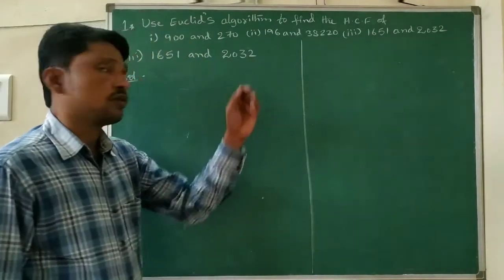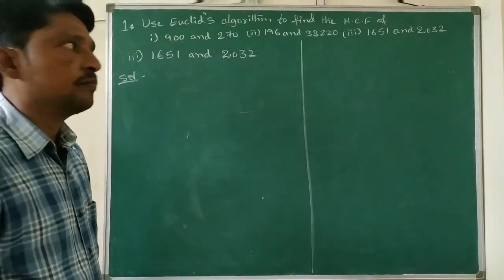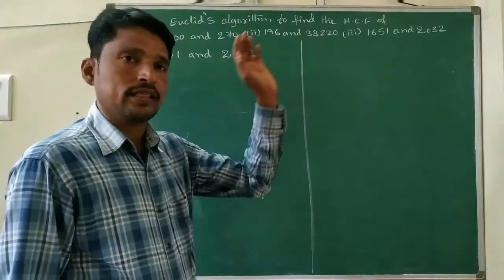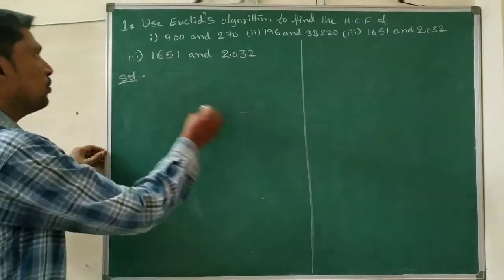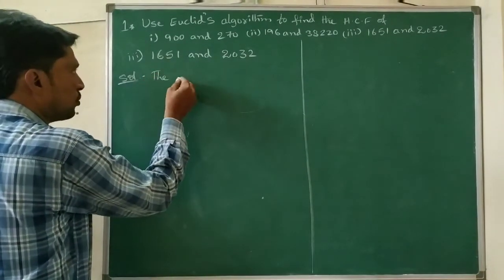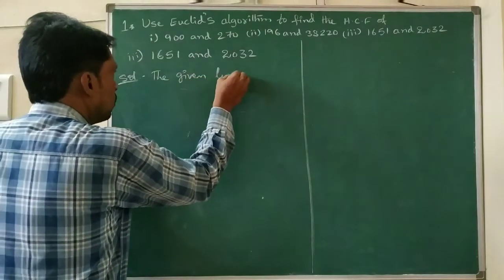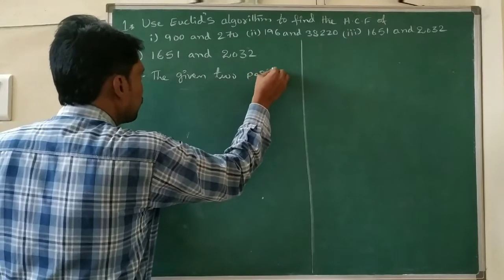Now we are going to our topic, that is finding the HCF of 1651 and 2032. So we need to use Euclid's algorithm and we need to find the HCF. Now we take the given two positive numbers.